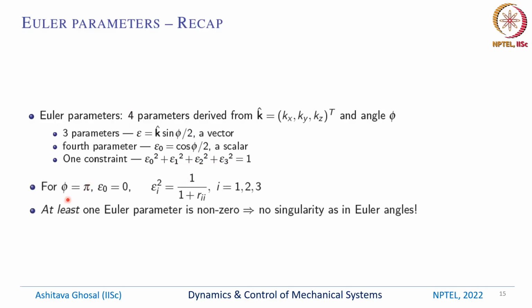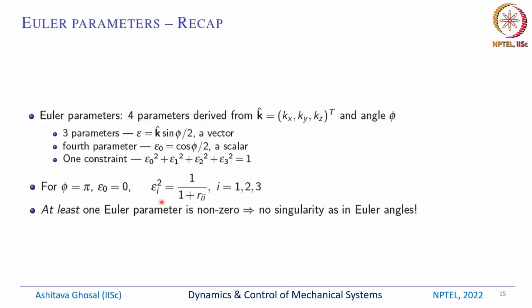So for phi equals pi, epsilon 0 is 0. So cos of phi by 2, because phi is pi, this becomes pi by 2. Cos of pi by 2 is 0.